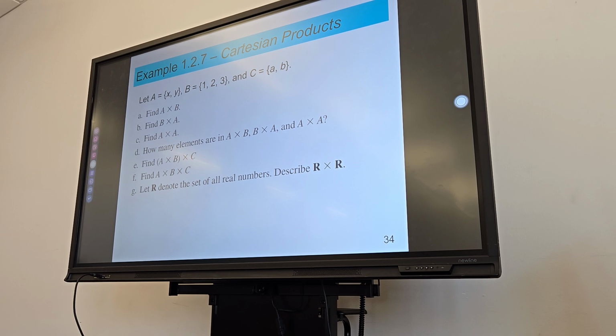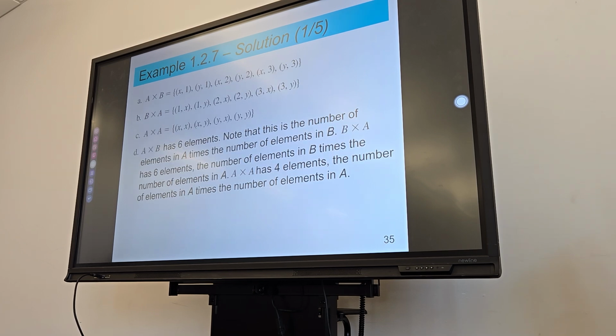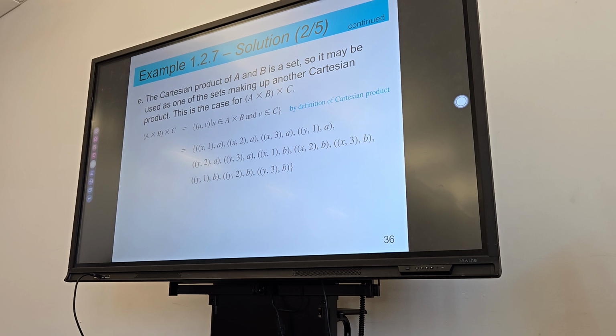So, now let's look at E and F. Let's see here. That's E. The Cartesian product of A and B is a set, so it may be used as one of the sets making up another Cartesian product.